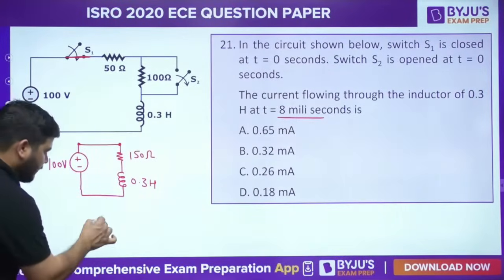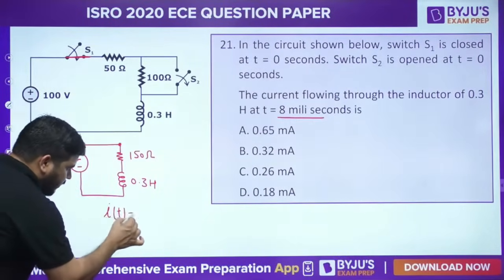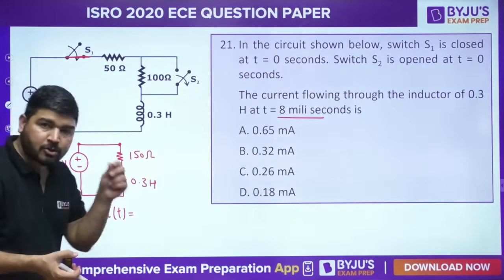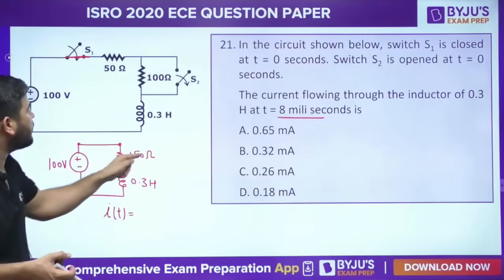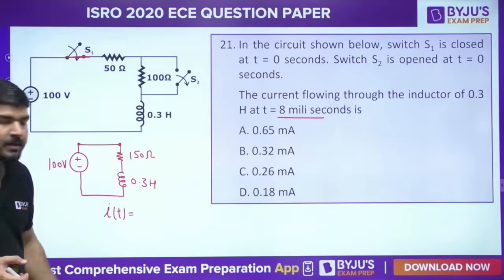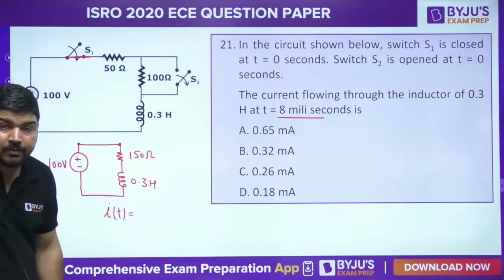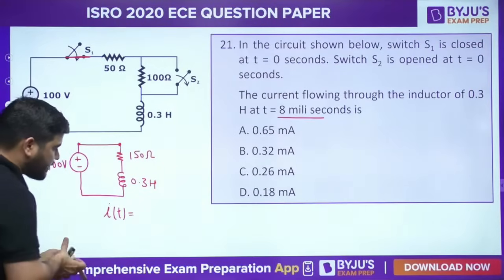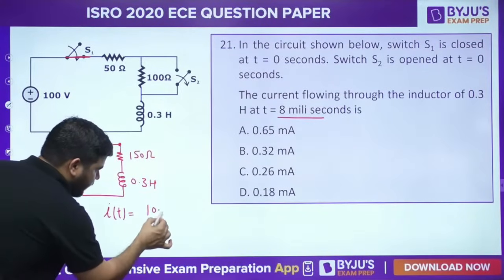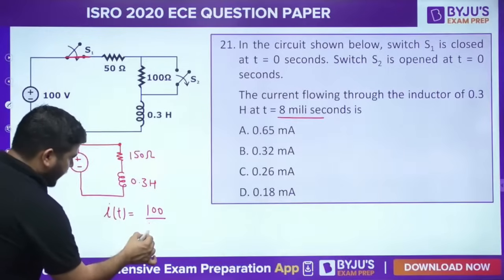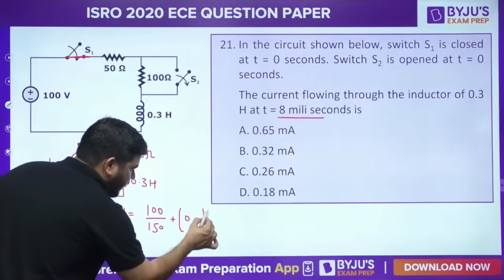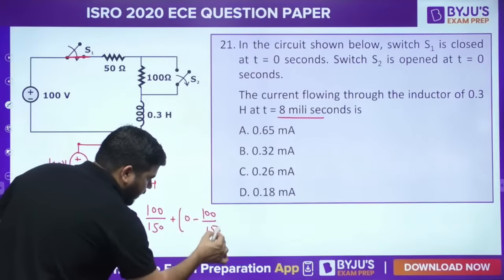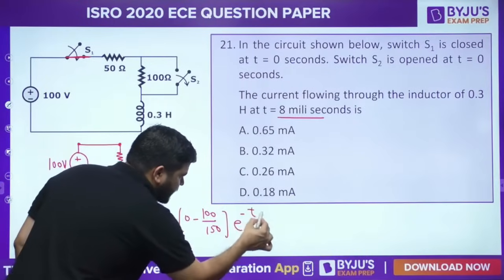So what is the expression for the current? We know that the initial current has to be 0 and the steady state current has to be 100 upon 150. Now the expression for the current is I infinity, 100 upon 150, plus I0 minus I infinity, into e to the power minus t by tau.